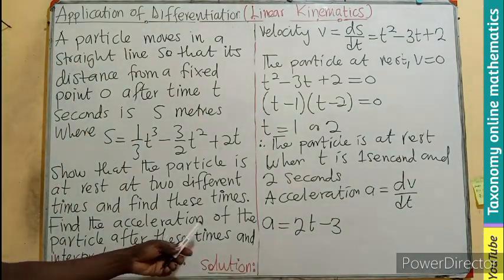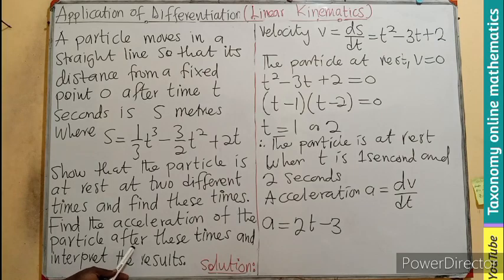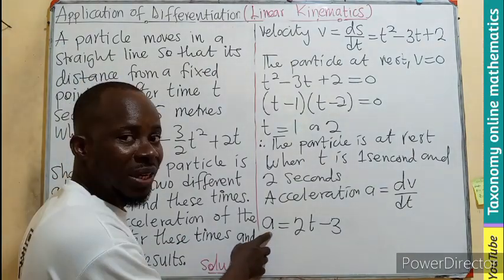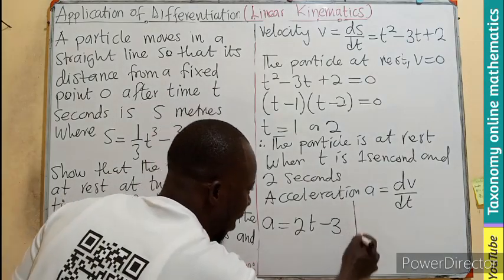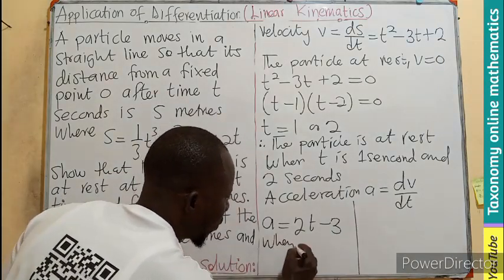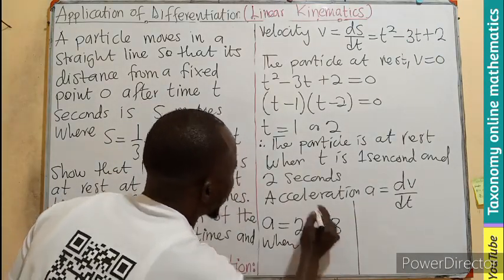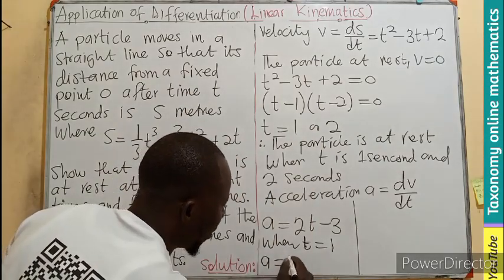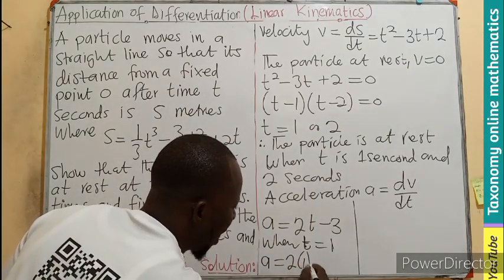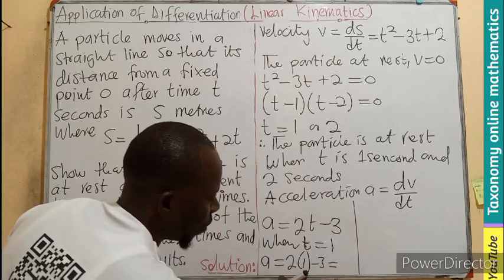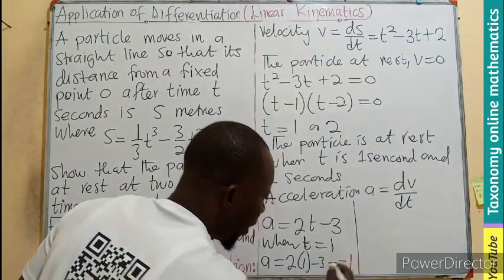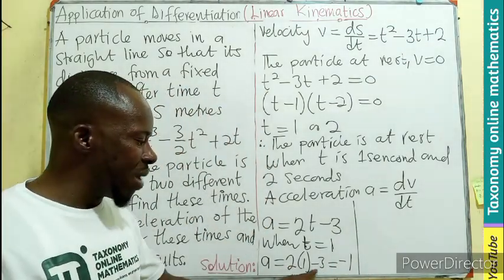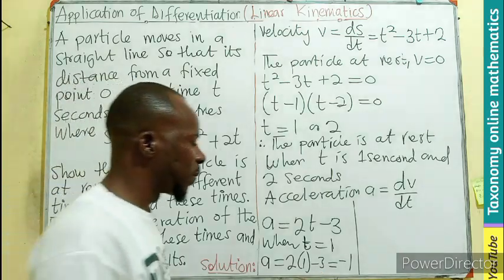Let's find the acceleration of the particle at these times. So at which time are we looking for the acceleration? When t equals 1, our acceleration is going to be 2 times 1 minus 3, which will give you negative 1. 2 minus 3, negative 1.